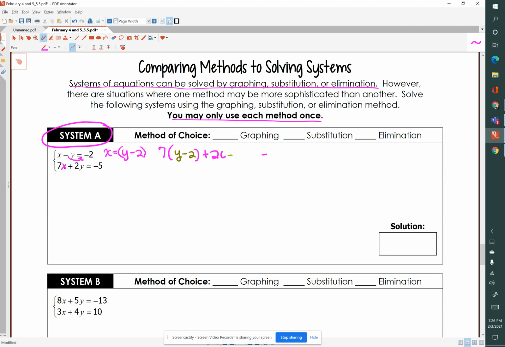So let's do that. 7, and I'll substitute y minus 2, plus 2y equals -5. So first we distribute. That will give us 7y minus 14 plus 2y equals -5.